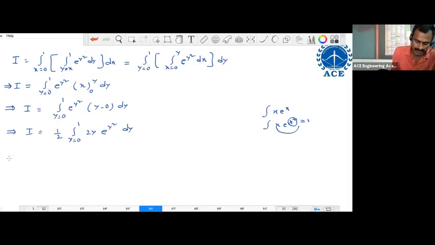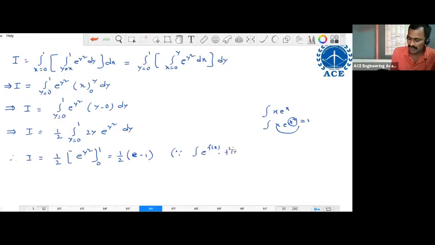So I equals 1 by 2 into e power y square from 0 to 1. This is equal to 1 by 2 into (e minus 1), since the integral of e power f(x) times f dash(x) dx equals e power f(x).